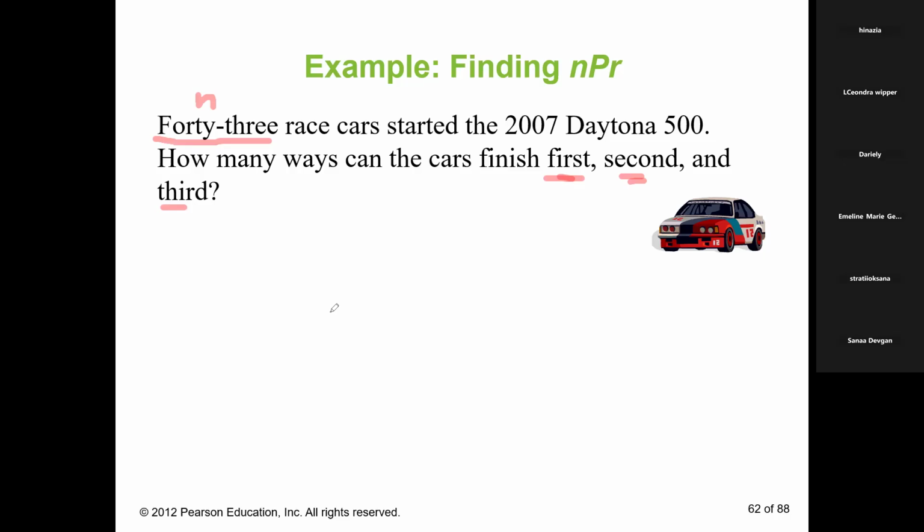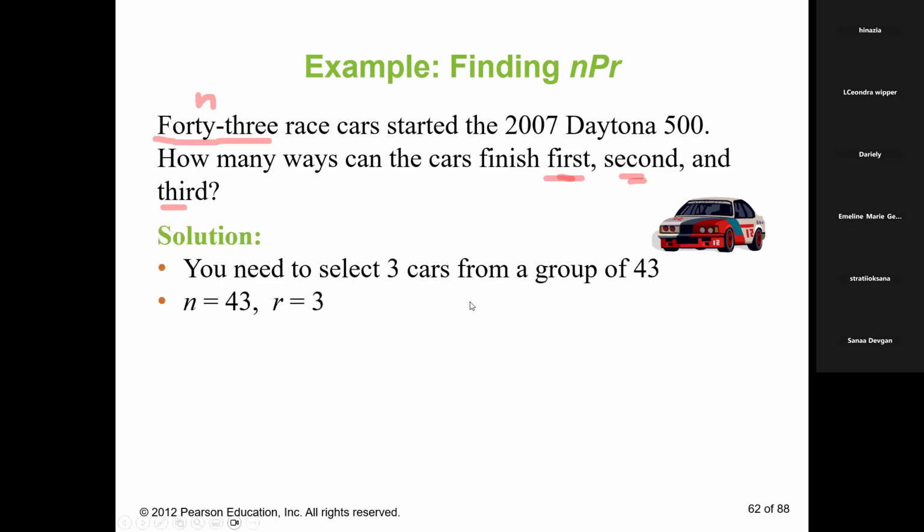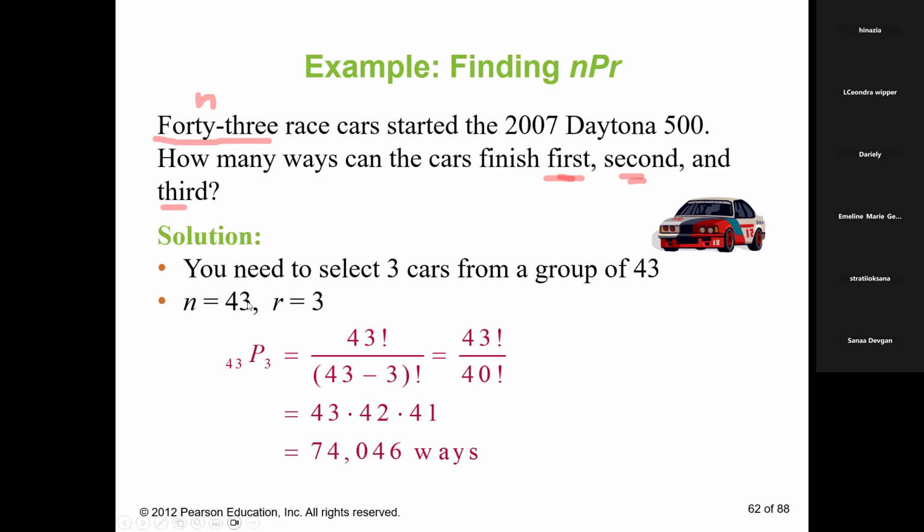Now, N is 43. So you need to select 3 cars from a group of 43. Why do you use permutation? Because there is order. There is the first, the second, the third. So here you have 43 cars, 3 taken at a time.